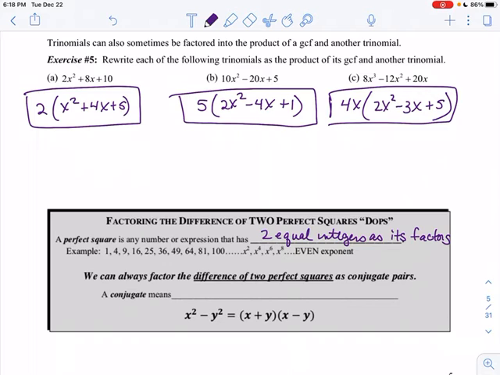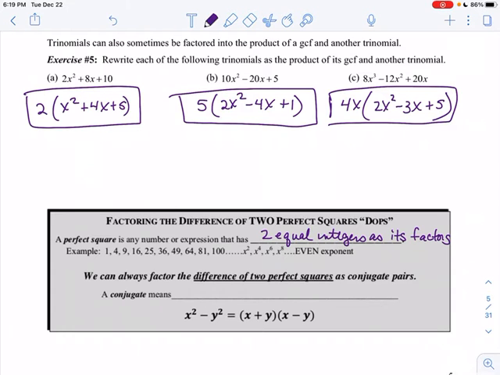Not only numbers, but also even exponents. X times x is x squared. X squared times x squared is x to the 4th. So I have to have 2 equal integers as its factors. And we can always factor the difference of 2 perfect squares as conjugate pairs. Okay, so conjugate pair means that you're really just changing the sign between the 2 terms.